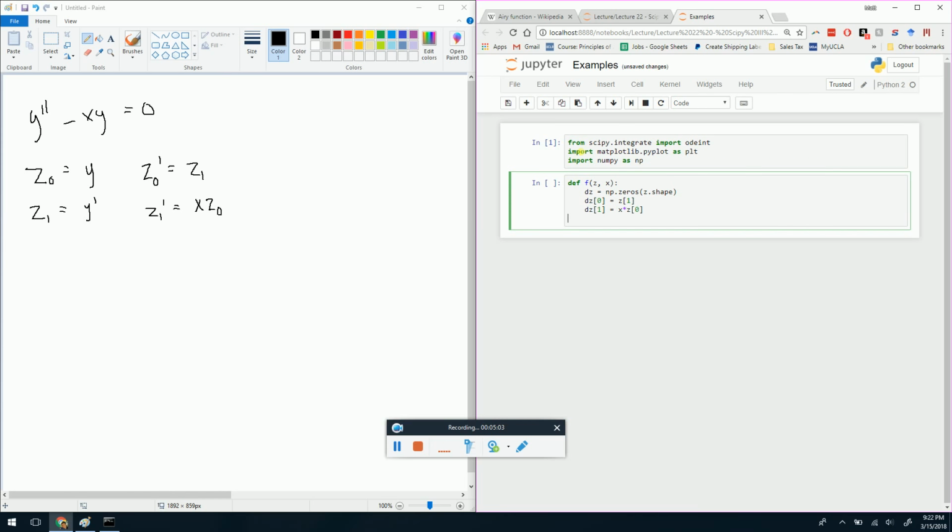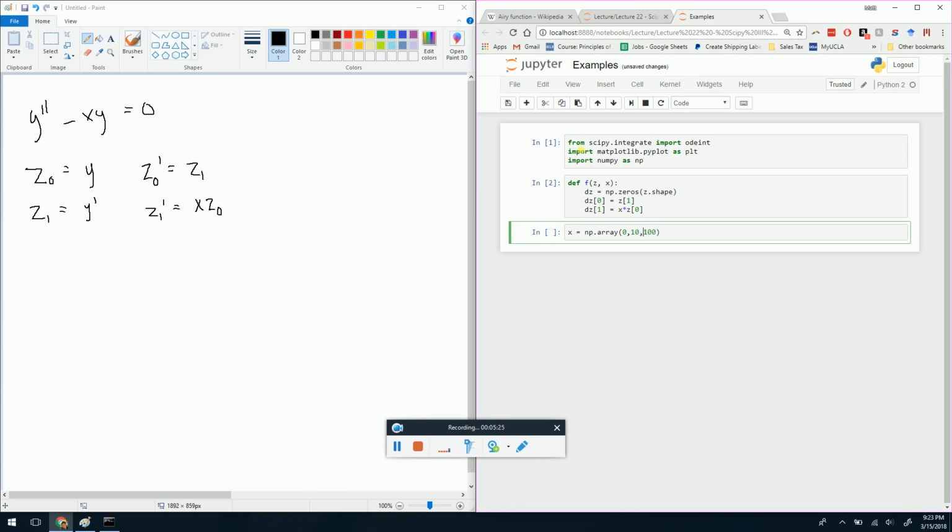Let's go ahead and make a call to odeint to see what it looks like. So solution, which is just the z's, and we need to create the x points in which to evaluate it. So x equals numpy.linspace from, let's say, 0 to 10.